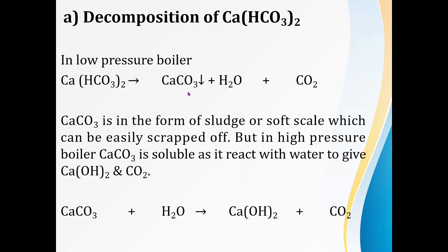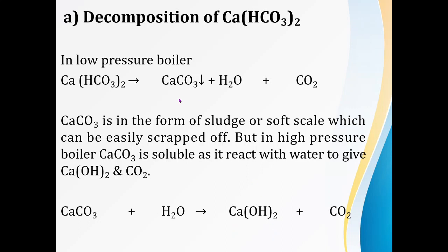So we can say that this is the sludge or soft scale. But in a high pressure boiler, this calcium carbonate, after hydrolysis, gives you calcium hydroxide, and this calcium hydroxide is soluble in water.